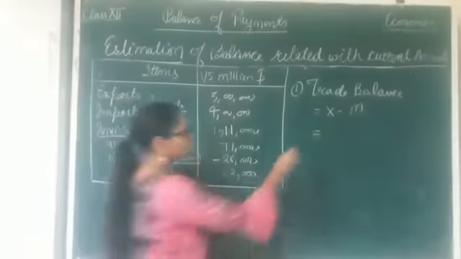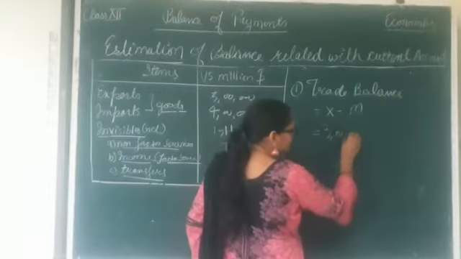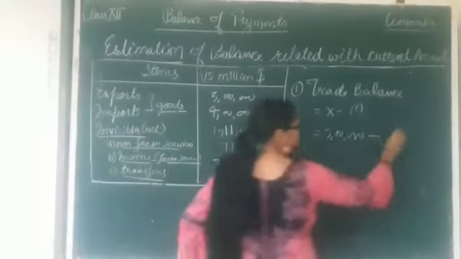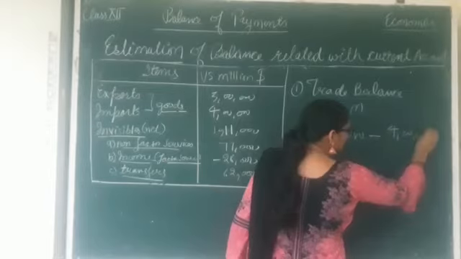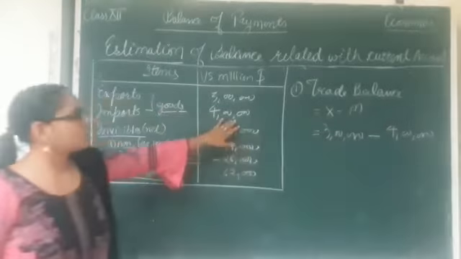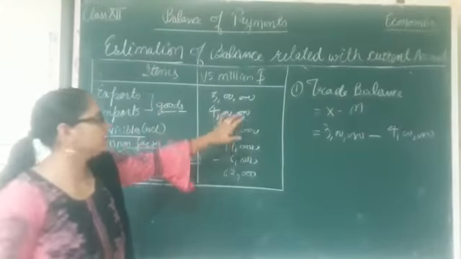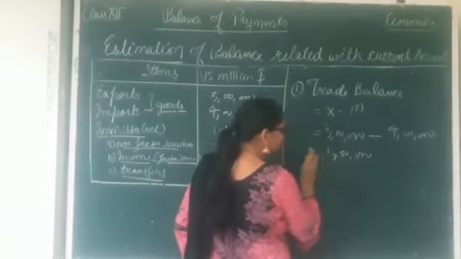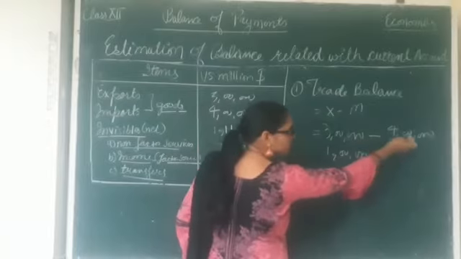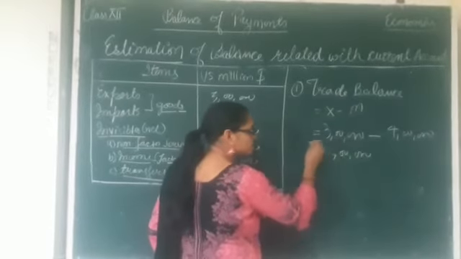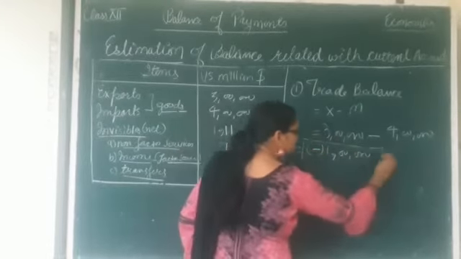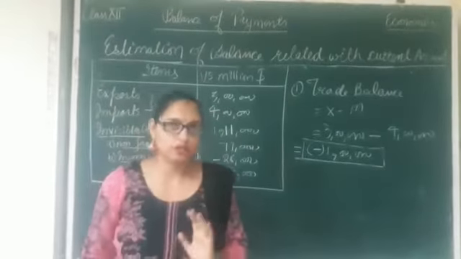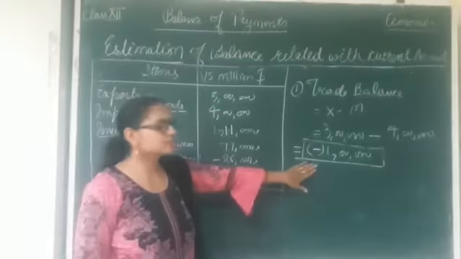This is 3 lakh, minus import of the goods, which is given as 4 lakh US million dollars. Clear? Now here is the answer. We have 1 lakh US million dollars, but you can see imports are more than exports, so the answer will be negative. So this is the trade balance, negative 1 lakh million dollars. Clear?